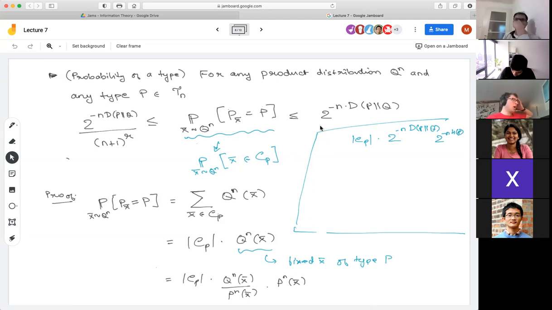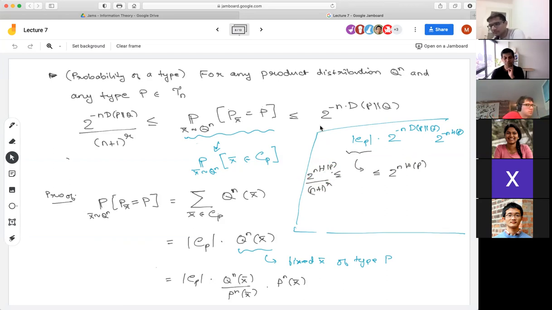We proved upper and lower bounds on the size of the type class, which were of the form less than or equal to 2 to the n times H of P, and greater than or equal to 2 to the n times H of P divided by (n plus 1) to the r.